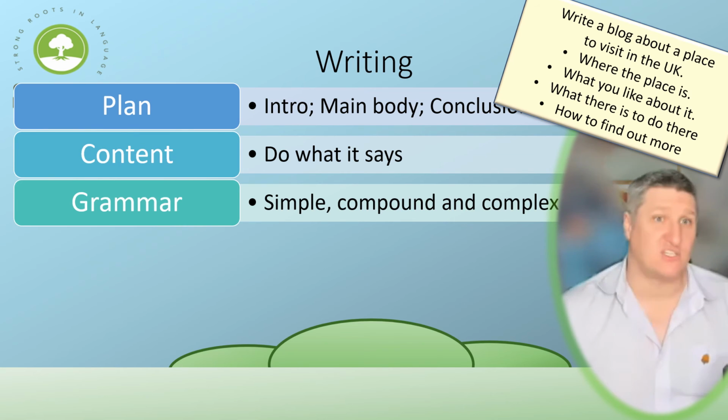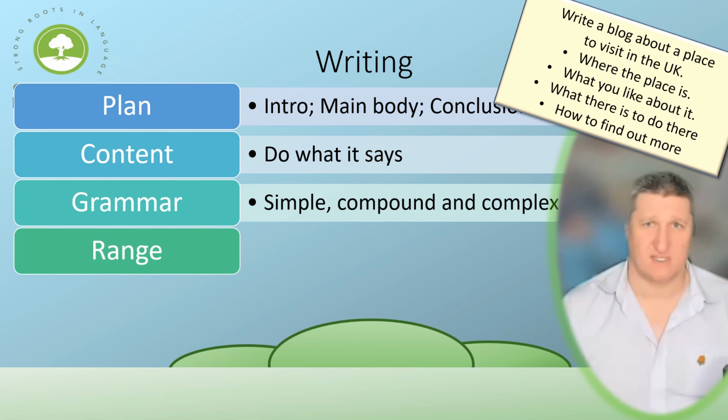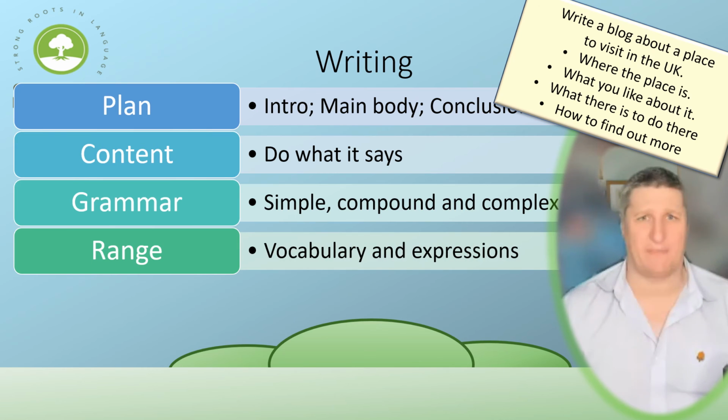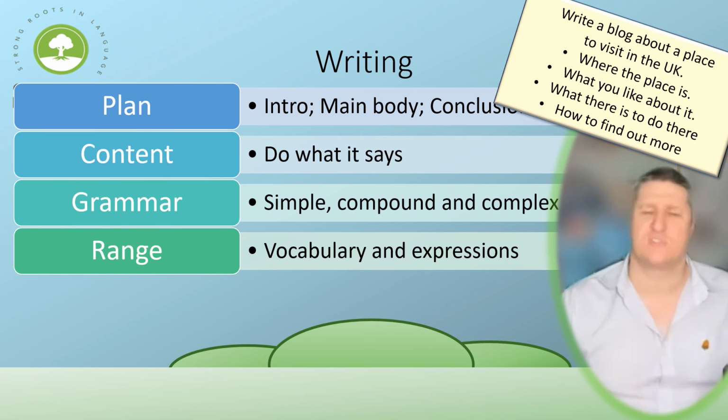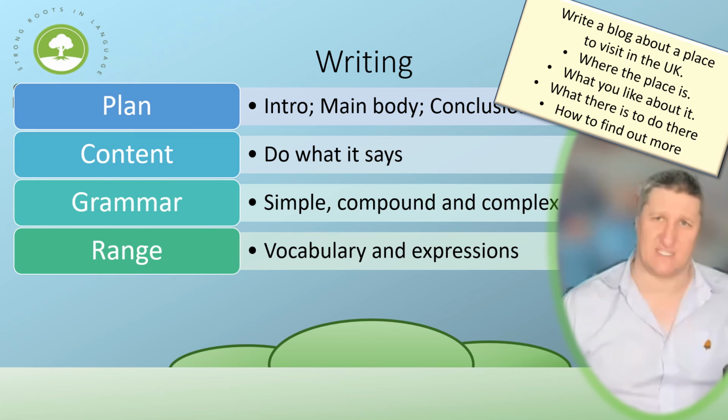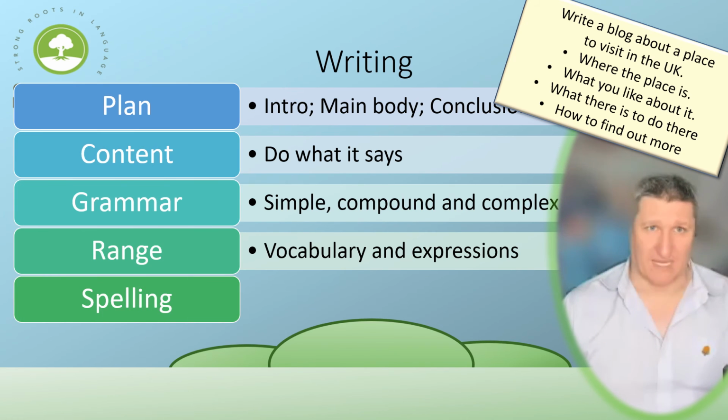You're also expected to use a range of sentence structures. So try to ensure that you have used simple, compound and complex sentences, but also a range of vocabulary and expressions. So use some of those words that you've learnt in your course that have been particularly useful or particularly interesting and perhaps unusual. You'll be marked on your spelling.